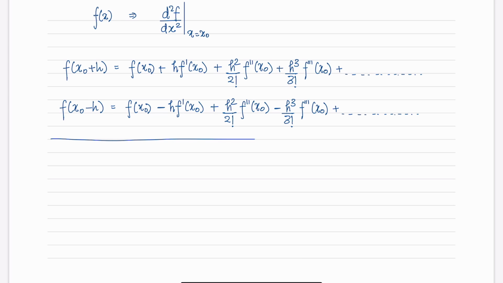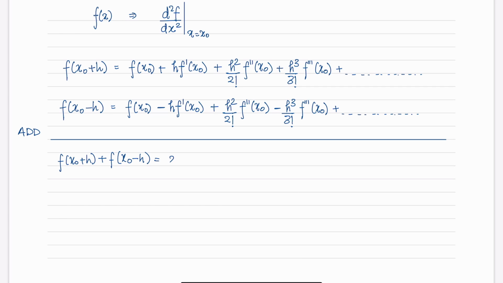So now if I just consider these equations and I try to understand that I want to evaluate this particular term, we have to ensure that this term actually stays in the equation. So the very simple idea is that we simply add up these equations. Then on the left hand side I will get f of x naught plus h plus f of x naught minus h.